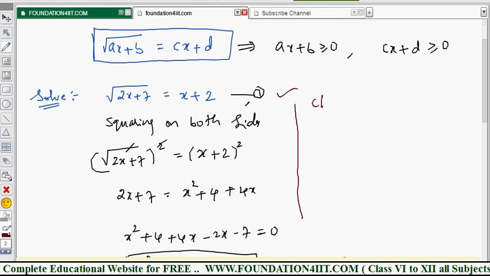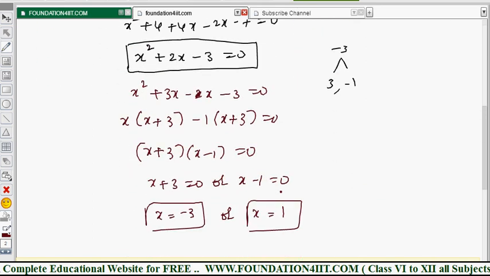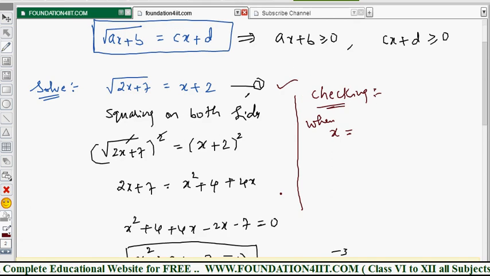Checking is a must when problems are like this. We got two answers, right? One is minus 3 and one is 1. First we substitute minus 3 in equation 1.